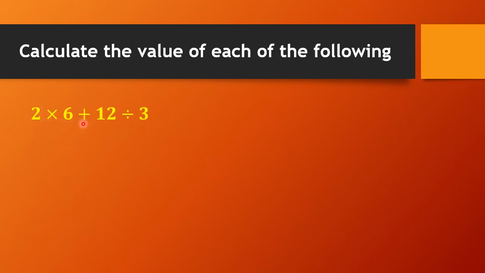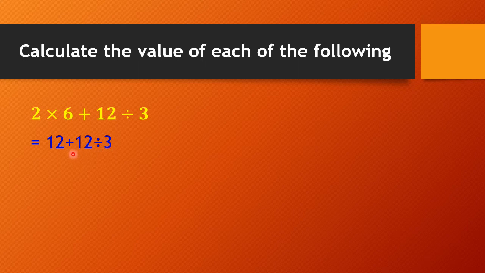2 times 6 plus 12 divided by 3. The first operation is multiplying or dividing. So we will multiply or divide? We will multiply because this is the first operation. 2 times 6 equals 12, plus 12 divided by 3.